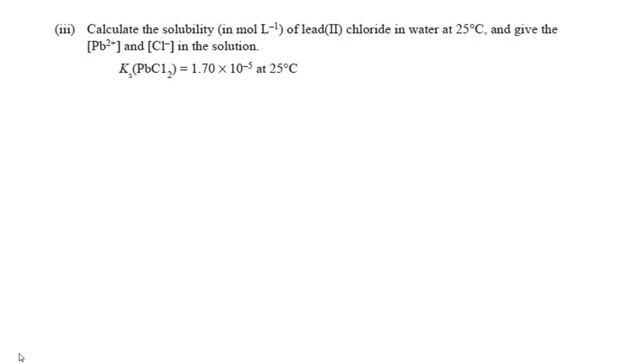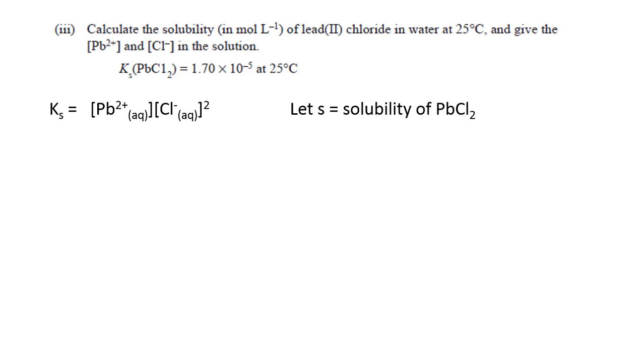So first thing I would do here is go back to what we just wrote, our Ks expression, and I see that that is equal to 1.7 times 10 to the negative 5 in the problem.